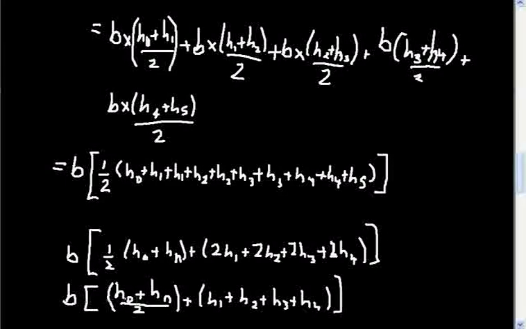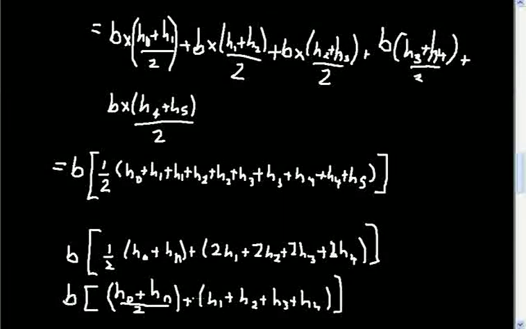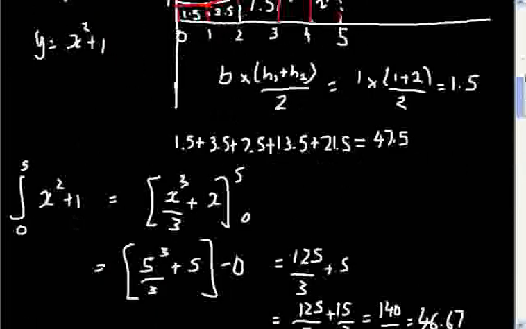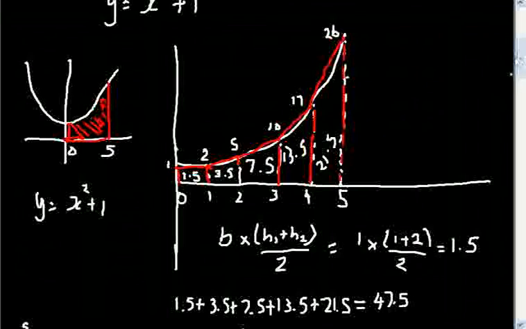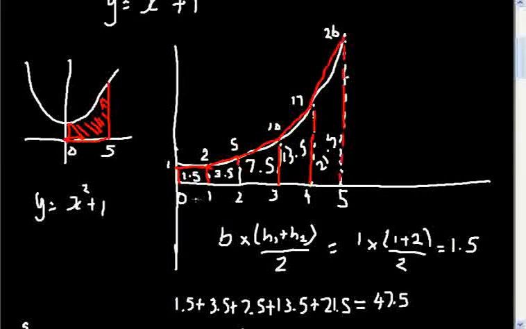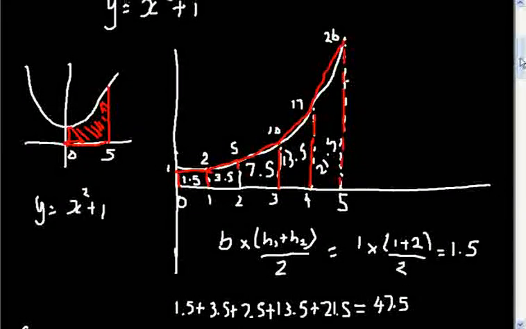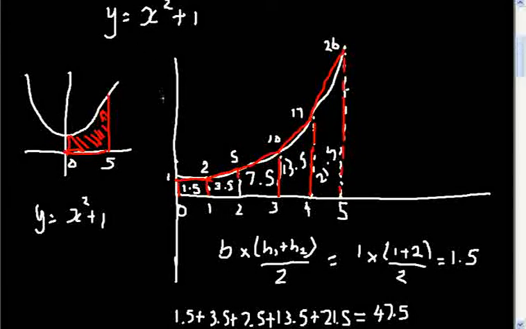You'd never get asked to prove this, but it helps you to know where the rule comes from. If I go back to the example I showed you, here I didn't use that rule. If I were to use that rule, the question would be structured something like this. They'll say for this graph, y is equal to x squared plus 1, work out the area under the graph between x is equal to 0, x is equal to 5, and the x-axis, by using 5 strips.